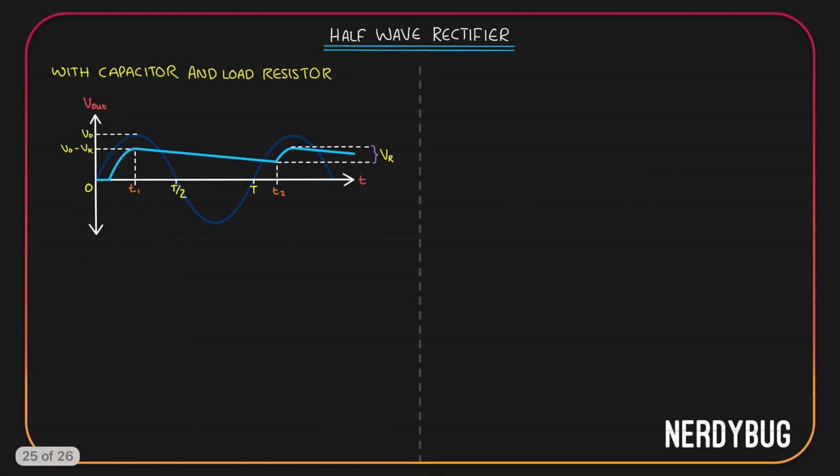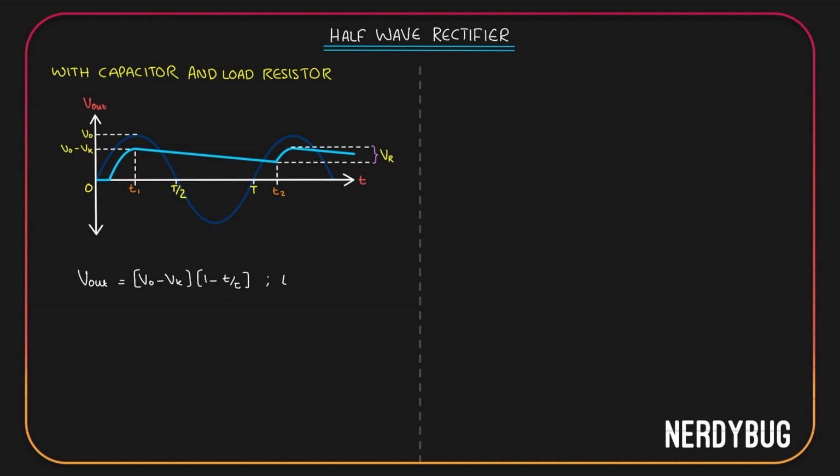Let us do the math of it. I have marked 2 points, T1 and T2. The discharge is happening between T1 and T2. The maximum voltage across the capacitor is over here. It is V0 minus Vk. From there, it is decreasing. Since we are taking the linear model, we can write V output is the maximum value, which is V0 minus Vk, multiplied by 1 minus t by tau.